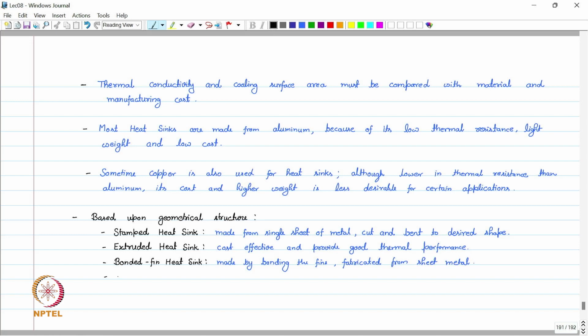And the fourth one is the folded fin heat sink.